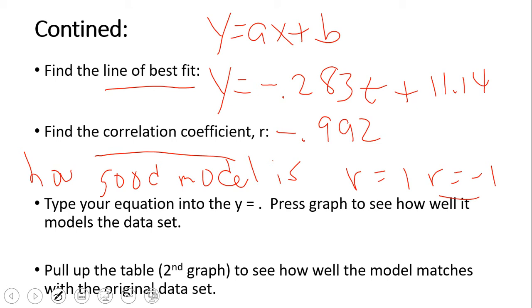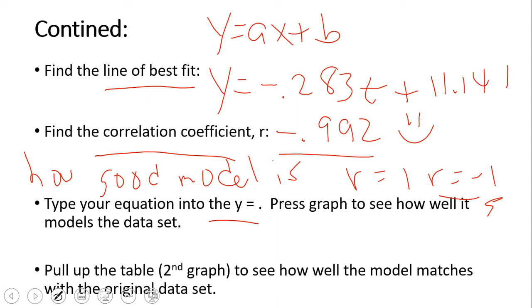Both of those are equally perfect. One's just positive and one's negative. So the closer your r is to positive or negative 1, the better your model. The fact that r is negative 0.992, that is extremely close to negative 1, which means our model is really, really good.